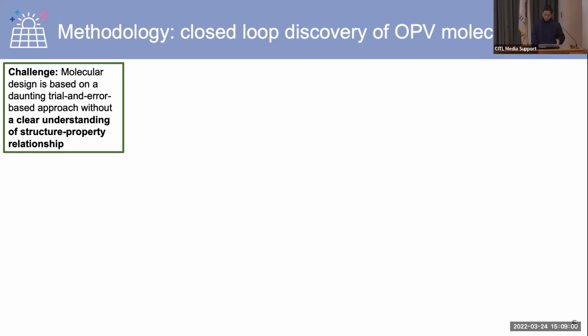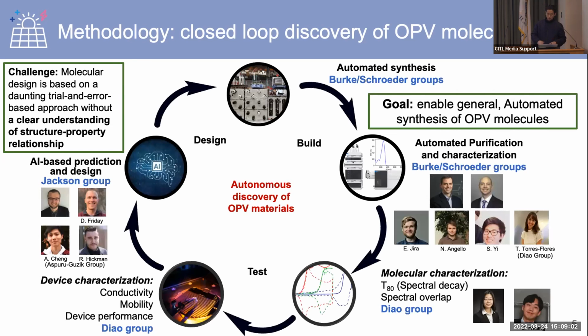To overcome this challenge, we are leveraging a closed loop material discovery process, which is a very collaborative process between three teams. We start from the AI team. They use AI methods to suggest a batch of promising OPV molecules and send this data to the synthesis team.